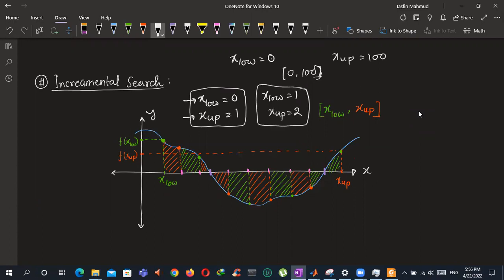Then within this range, try to find whether any root exists, and continue. Then set x low as 2 and x up as 3, and check whether any root really exists in this range or not, and continue up to x low as 99 and x up as 100.